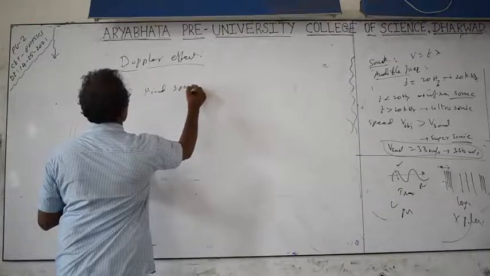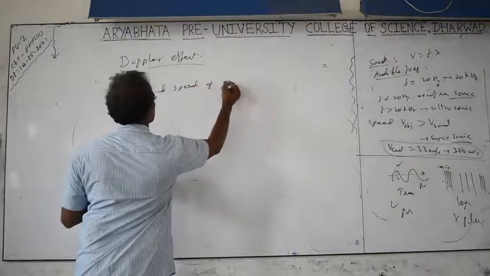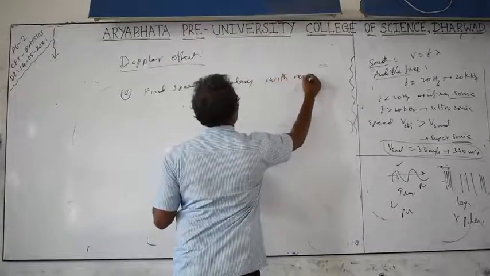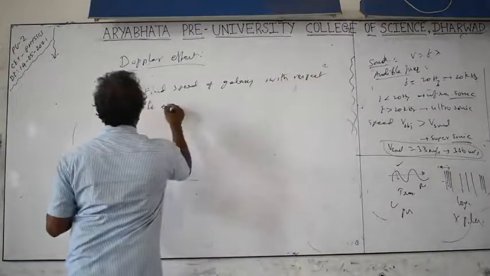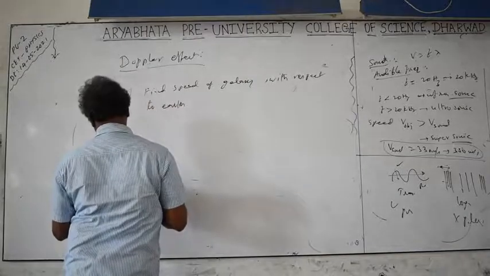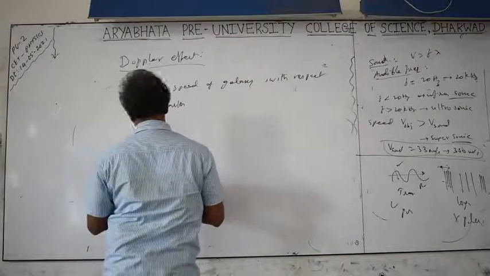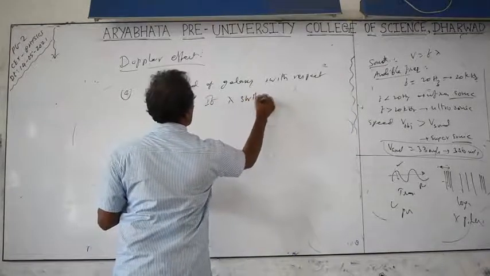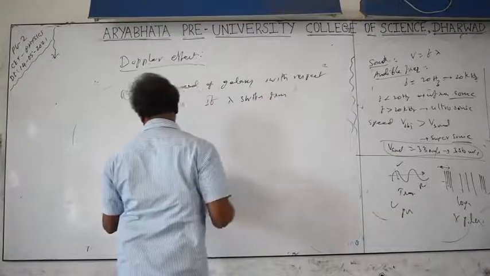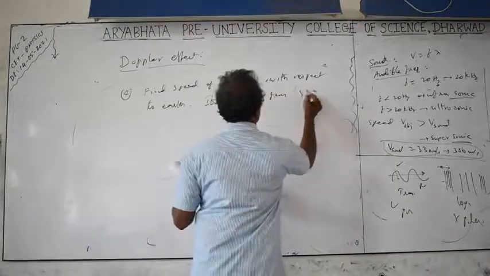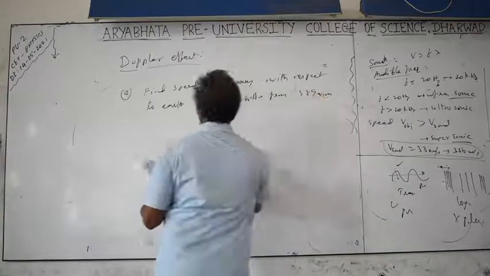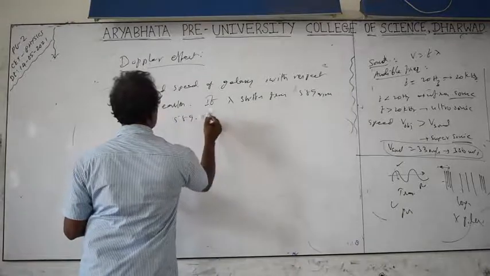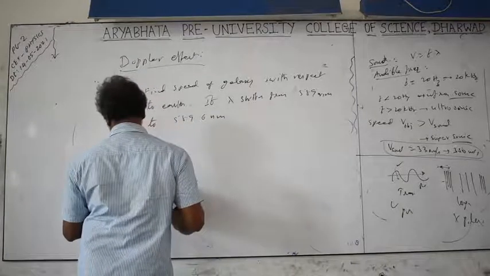Find the speed of the galaxy with respect to earth, if the wavelength shifts from 589 nanometers to 589.6 nanometers for an observer on earth.